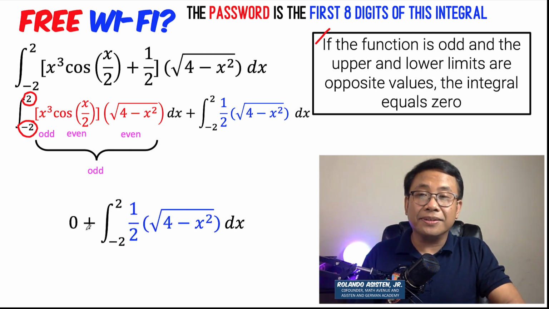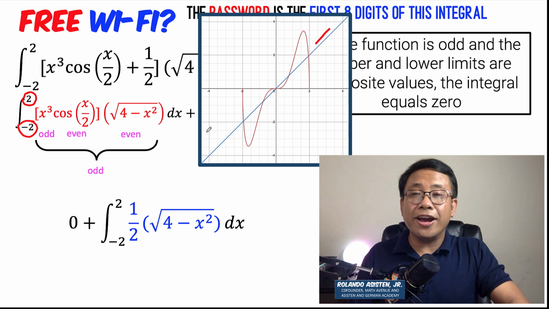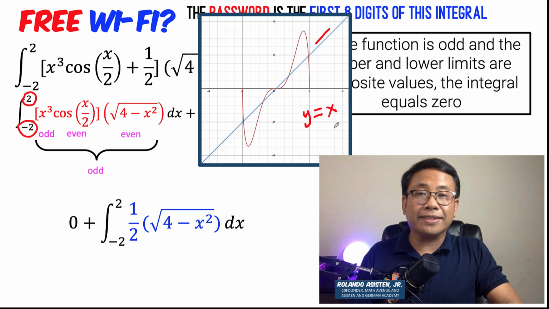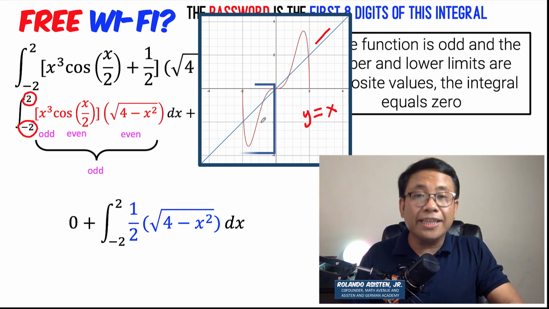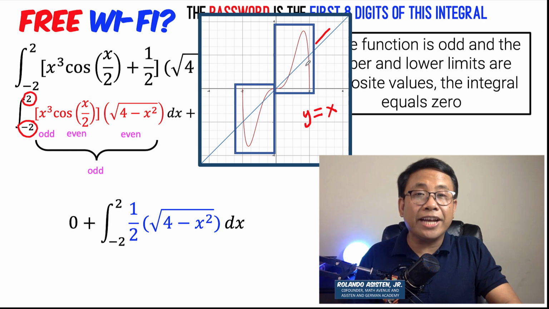Why is that so? Notice that when you have an odd function, that function is symmetrical with respect to the line y equals x. So this blue line is y equals x. Now, since our function is an odd function, this portion here at the left side of the y-axis, below the x-axis, and this other portion here at the first quadrant are symmetrical, but one is above the x-axis and the other is below the x-axis.